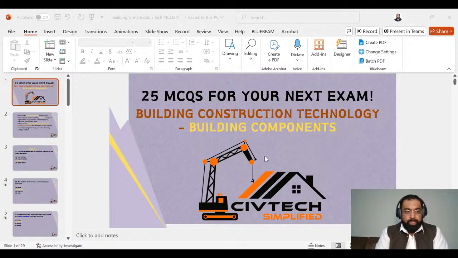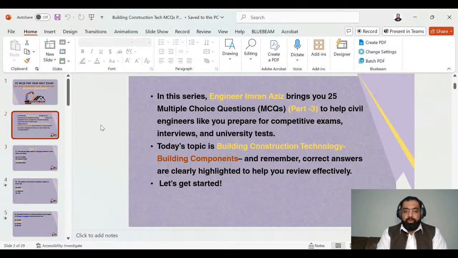We will be discussing various building components in this, and it comes under the main topic of building construction technology. All the correct options will be highlighted here so that you can review them effectively.